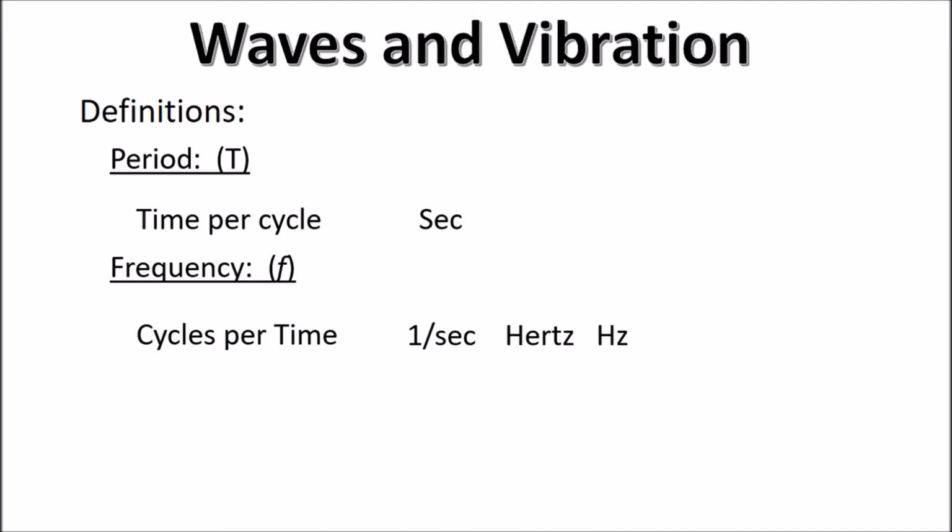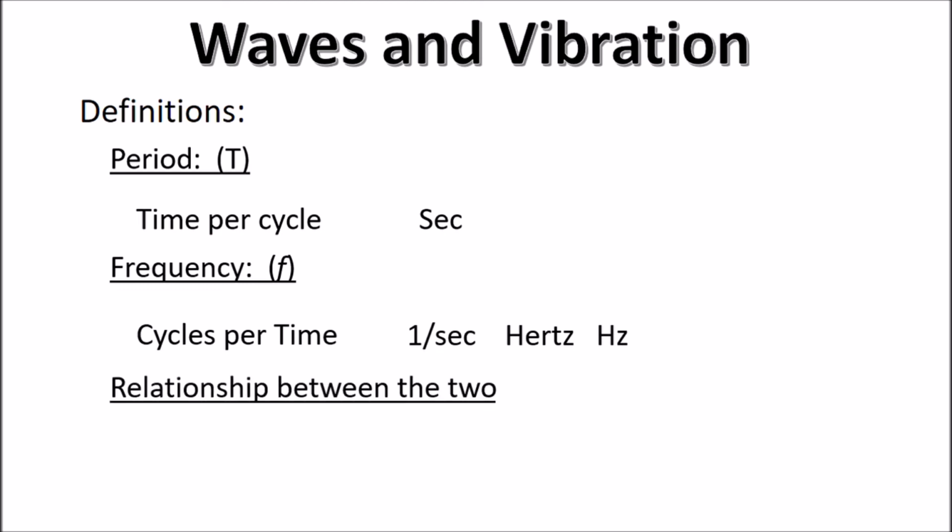Some of you that do music know some of these. If you've heard this phrase before, 256 hertz is the vibration that causes middle C on a piano. 440 hertz is the note A. So we may have some experience with this term already.